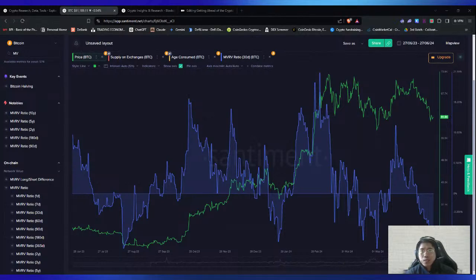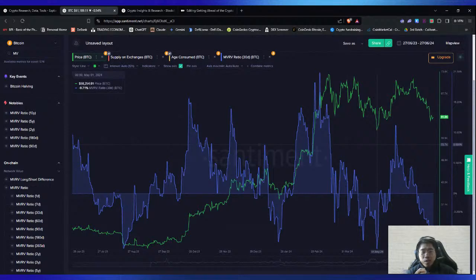So here in this example, we could see that just recently we reached negative 9.7% on the 30-day MVRV ratio, and it's currently at negative 6.55%. And data shows that every time we hit negative 9%, it was actually a good region to buy, as the price was followed by a significant rally or a significant bounce.